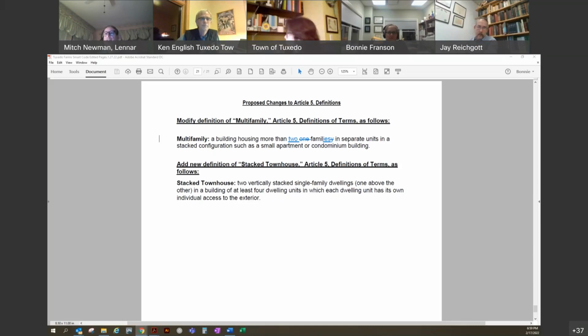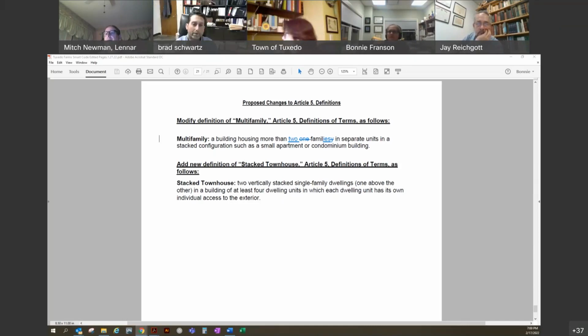With the minor change you see in the definition of multifamily, as well as adding a new definition of a stacked townhome, is how we fixed that for our purposes of allowing that home to exist. If you read the stacked townhome definition first, hopefully you'll find that acceptable, and then go back to multifamily, which was designed to make sure it didn't overlap with stacked townhomes.